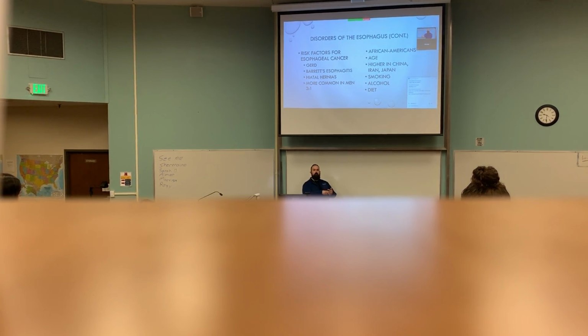Textbooks say Moyamoya occurs in this population, typically Japanese, but they tend to come into Alaska and the Pacific Northwest. So now we're starting to see these incidences occur in other populations that weren't high-risk before.